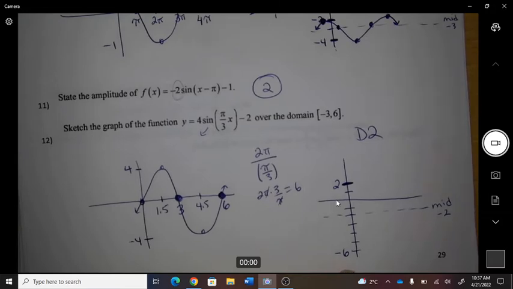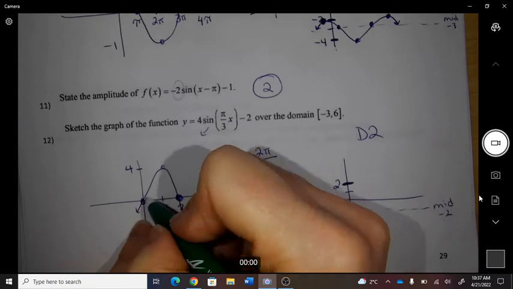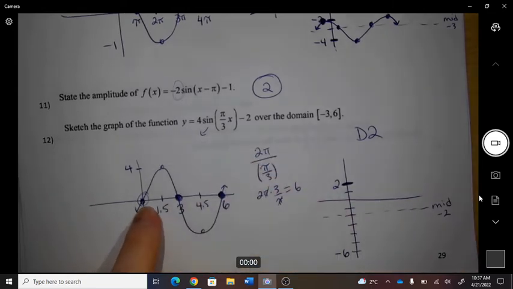And my bottom height is going to reach -6 instead of -4 because I moved everything down 2. Okay, so now I'm going to put this point from 0, 0. It's now going to go to the midline. I have to move it down 2.